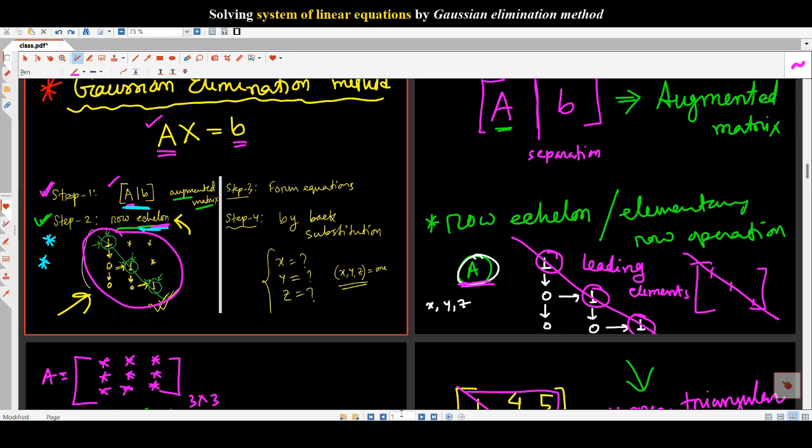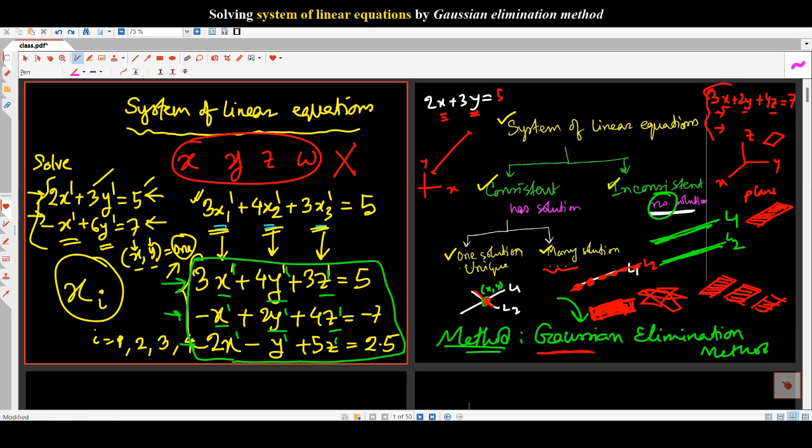You know that a system may be consistent, may be inconsistent. If we have a consistent system, that will be with one solution, maybe with many solutions. So for one solution we will get a complete upper triangular matrix. For many solutions we may not get that.